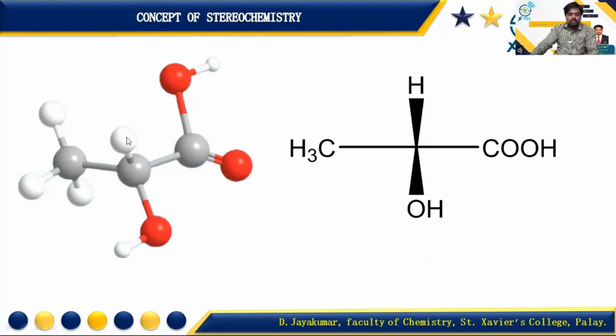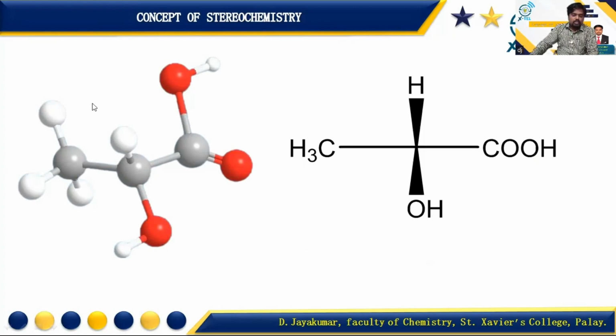The hydrogen is not away from me. It is pointing towards me, correct? The rule that counterclockwise must be S applies only when the fourth priority is away from me. But in this case, it is on the wedge, meaning it is pointing towards me. So whatever configuration you obtain should be absolutely reversed.